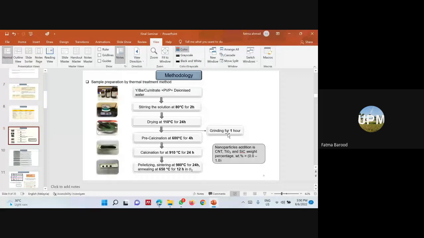In this method, the pre-calcination, or first calcination, allows decomposition of PVB and nitrate, leaving only YBCO elements, and also promotes formation and development of the sample particles.